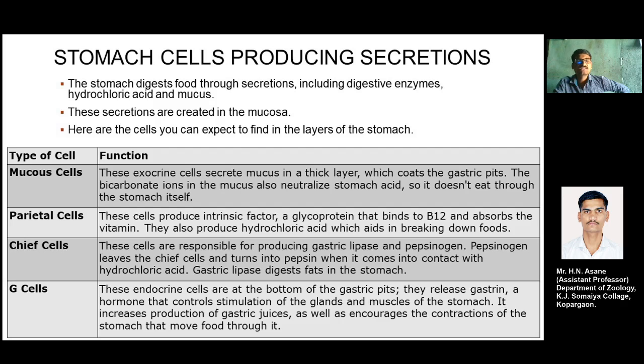So it increases the production of the gastric juices, as well as encouraging the contractions of the stomach that move food through it. That is all controlled by this gastrin, which is a hormone.